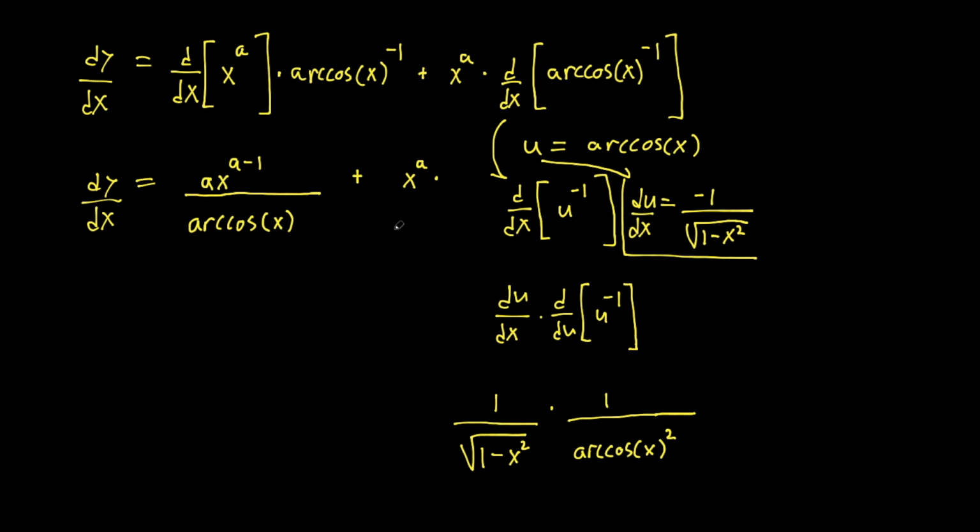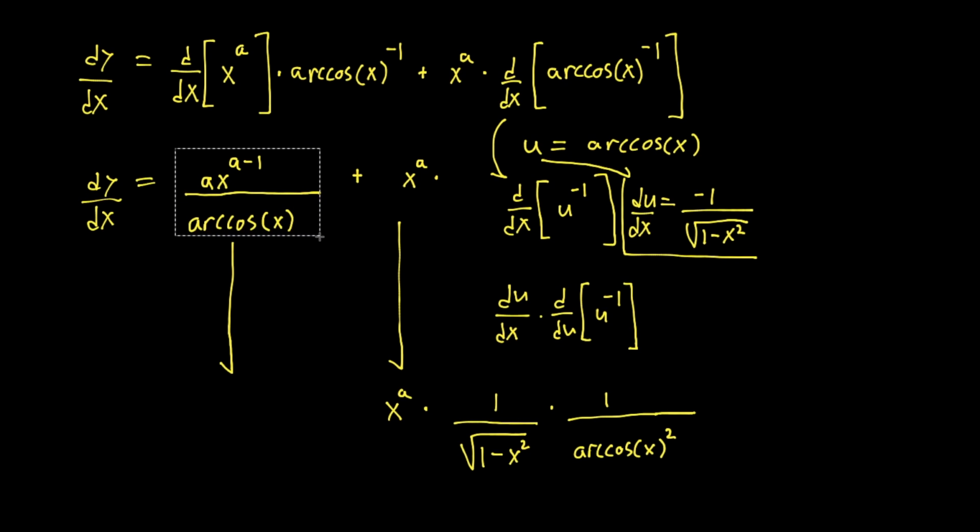And we can start bringing some of this stuff down to multiply. So x to the a times all that, and we have this, which I'll just copy and paste. It's not changing.